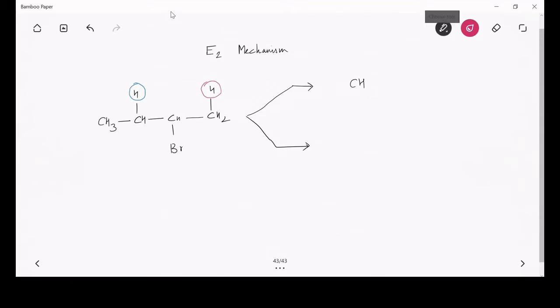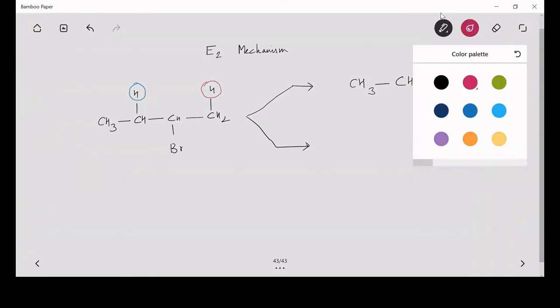So you will get two different products. First product will be this, sorry, CH3, CH, double bond, CH, CH3. Okay, this is route A.